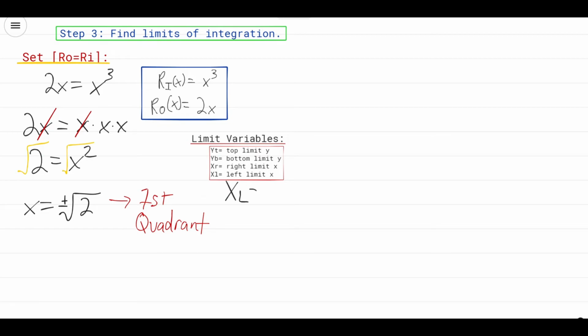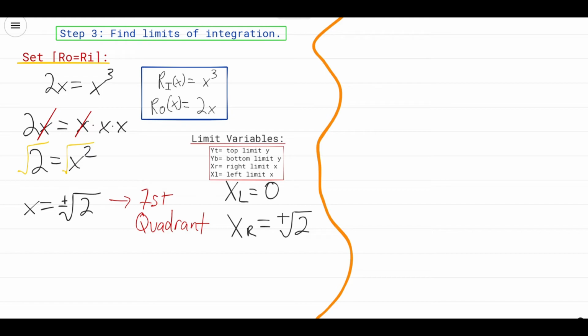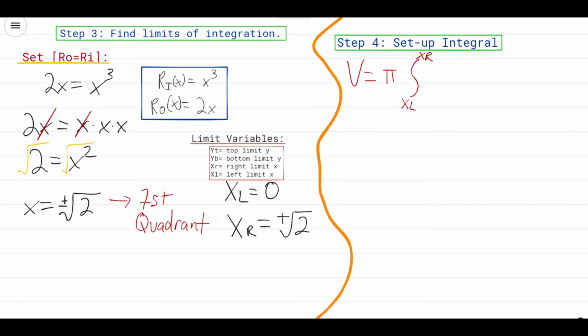We identify our left x limit as x equals 0 and our right x limit as x equals the positive square root of 2. Now, step 4, we're going to set up our integral. We know the formula is the volume is equal to the integral from the left limit of x to the right limit of x of the outer radius squared minus the inner radius squared times dx.